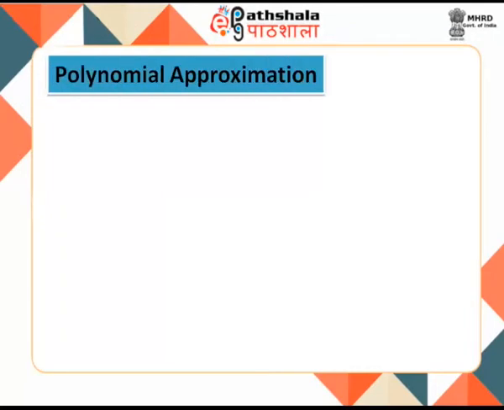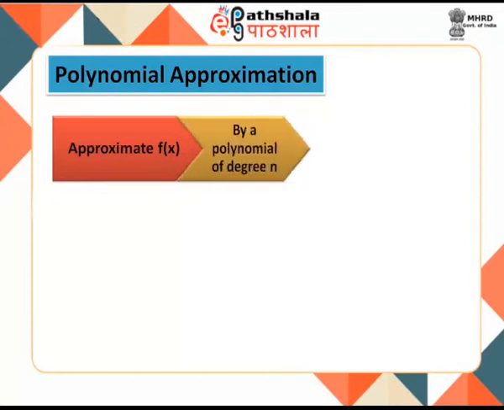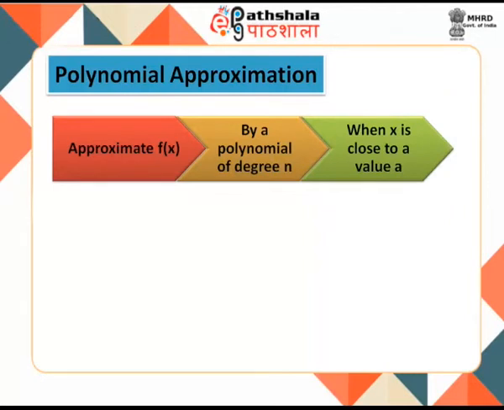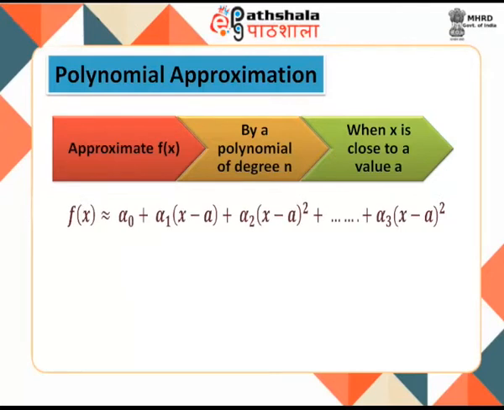Next is polynomial approximation. To approximate f of x by a polynomial of degree n when x is close to a value a, we write f of x is approximately equal to alpha naught plus alpha 1 into x minus a plus alpha 2 into x minus a whole square, and so on, plus alpha n into x minus a raised to the power n.